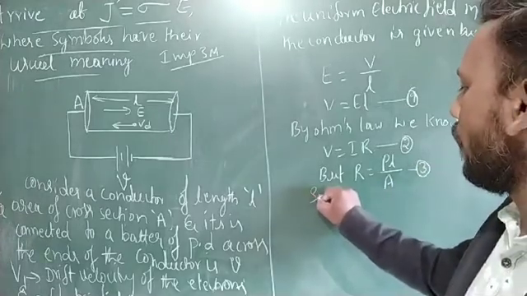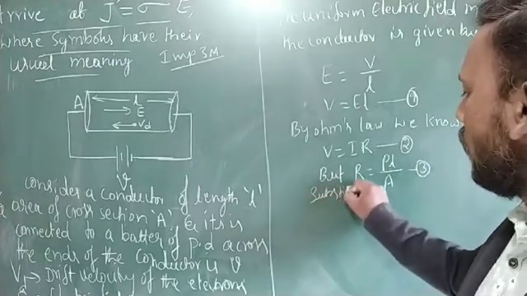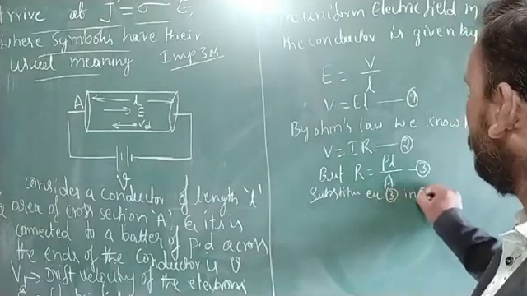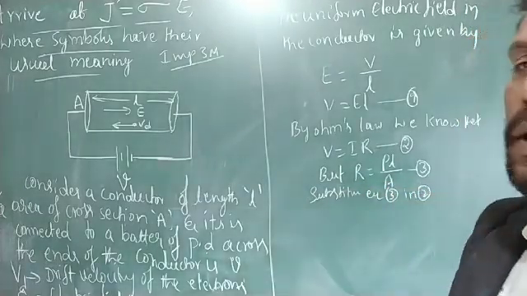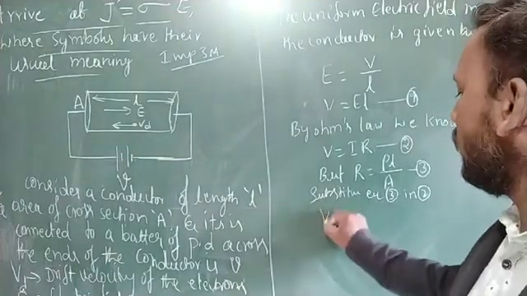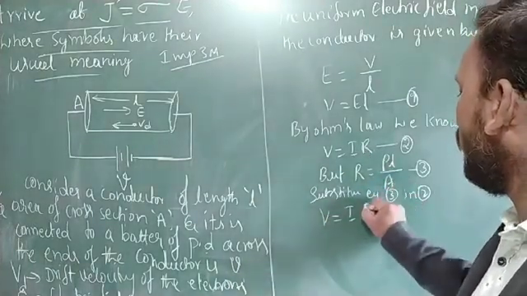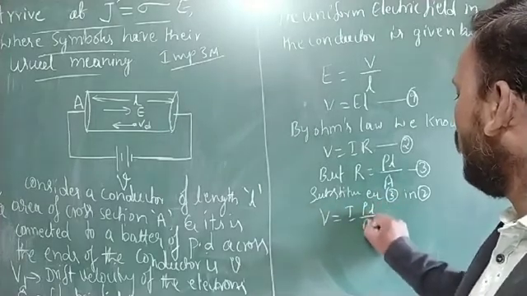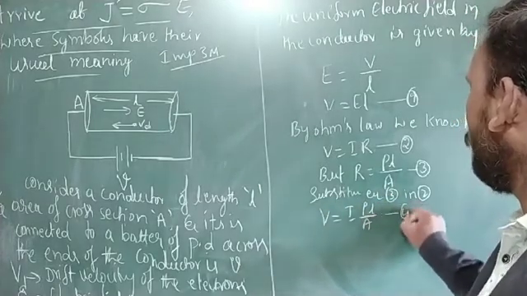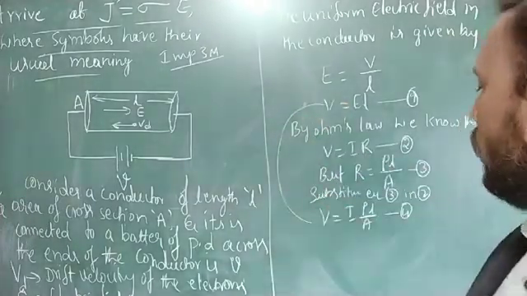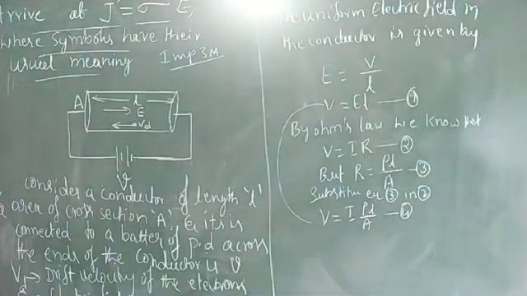Substitute equation 3 into 2, we get V is equal to I into rho L divided by A. Call it equation number 4. Equate equation number 1 and 4.